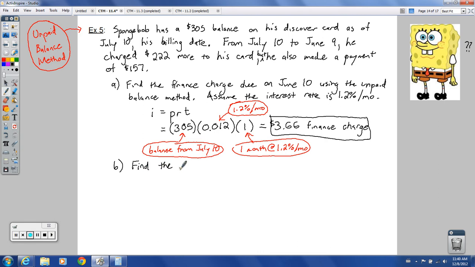So find part B, find the new account balance on June 10. So what did we start at? This should intuitively make sense, I hope. We started at 305. Go back and pause, rewind if you don't catch this the first time. This was the previous balance.